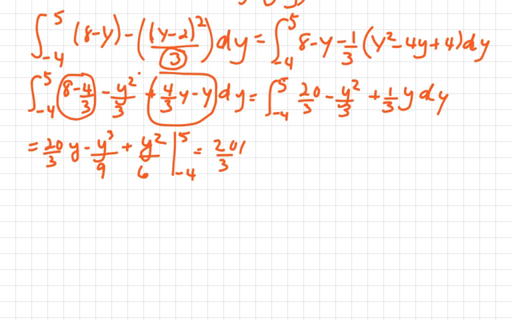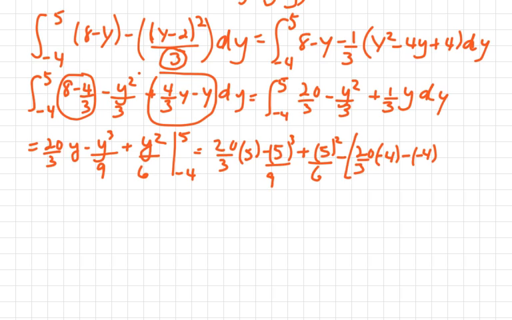So 20/3 times 5 minus 5 cubed over 9 plus 5 squared over 6, minus the quantity 20/3 times minus 4 minus a minus 4 cubed over 9 plus a minus 4 squared over 6.